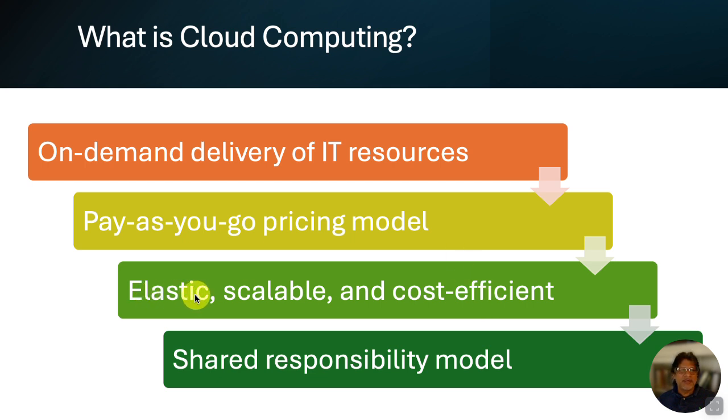The whole idea here is the elastic part of it is very interesting. If you're a company who is seasonal in nature, you may want to consider this, right? For example, if you're in the retail business, we know that the last quarter seems to be the one where you do the most amount of business, and maybe that's when you need the web servers the most for your customers.